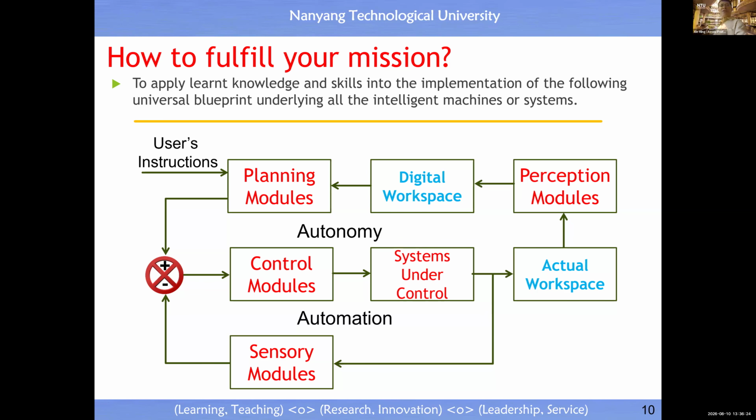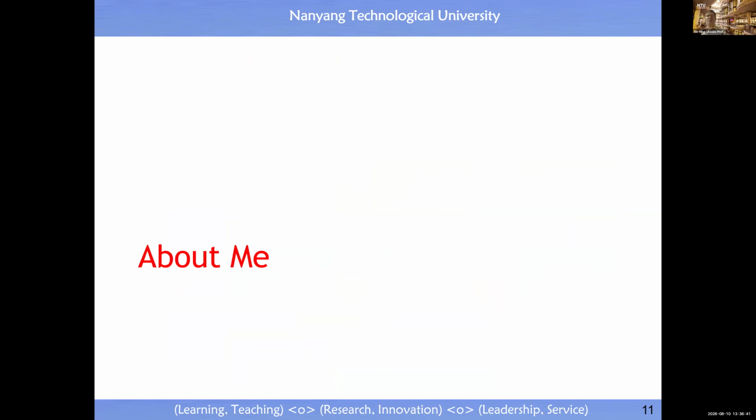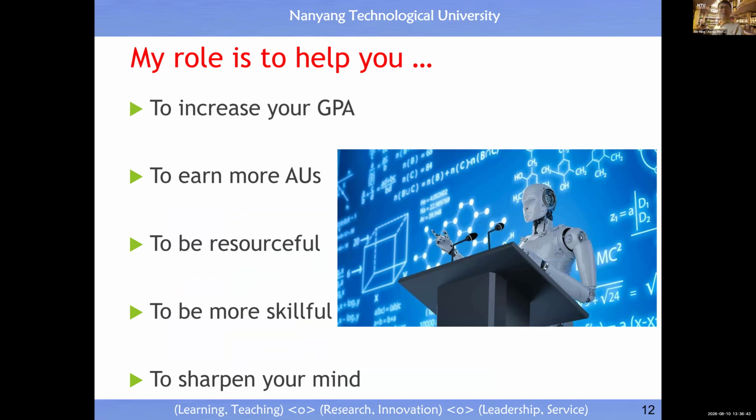In case you have not yet taken some relevant courses, then you have to quickly catch up. For the system under control, this could be a mechanical system, so this is why you need to learn mechanisms, design of mechanical systems, etc. It's quite important. Then my role here is to help you to do the study, right?